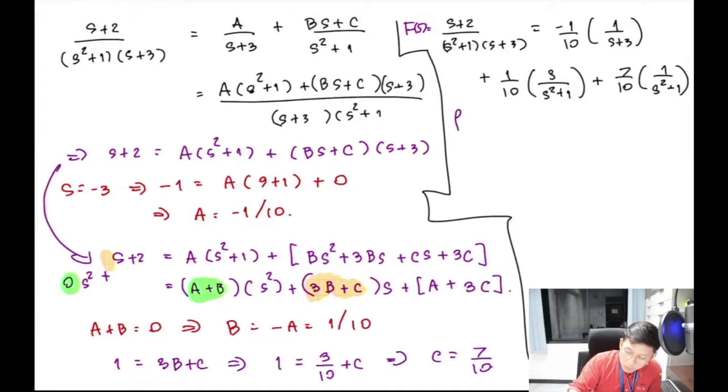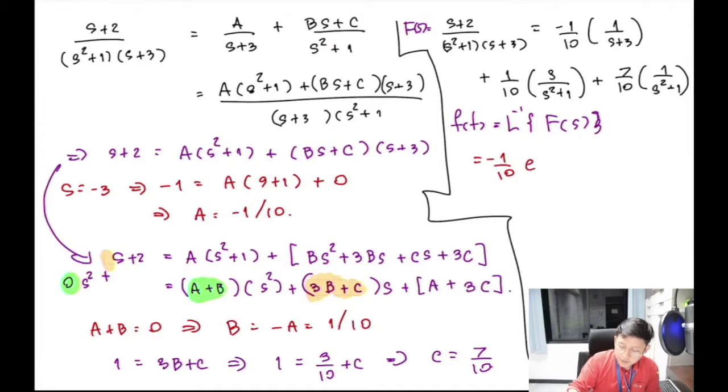So if you want f(t), it is going to be the L inverse of F(s). The L inverse of the first one would be minus 1/10 e to the minus 3t, right? Is that good?